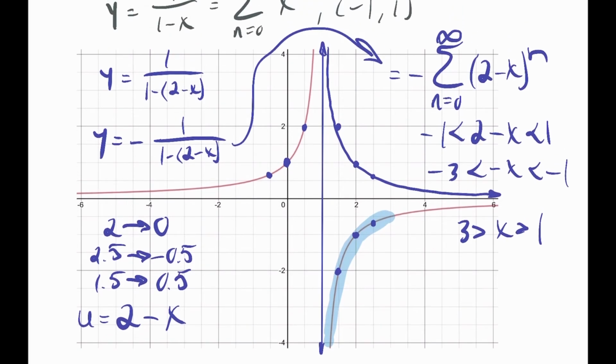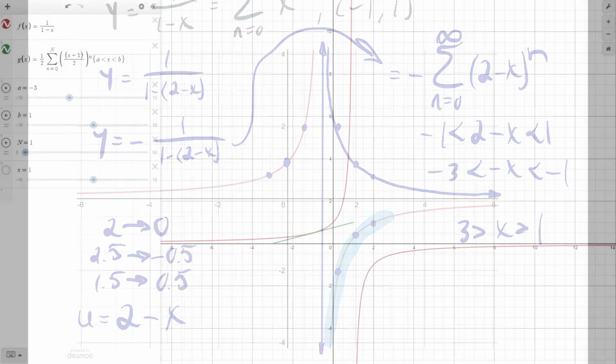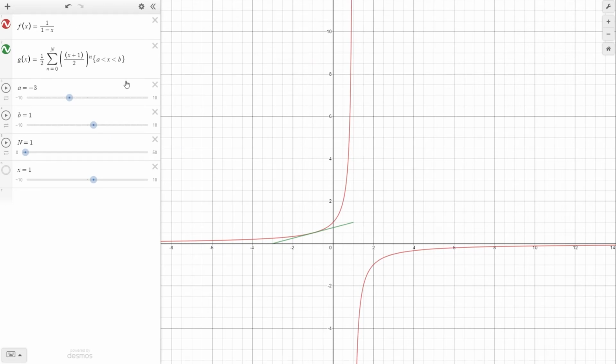So let's go get a visual of that. Okay, so if I go over here, and let me get rid of some of this. We don't need that. It's from the previous one. That was just x. So I'm going to change this to be the negative in front of the power series, and then 2 minus x.